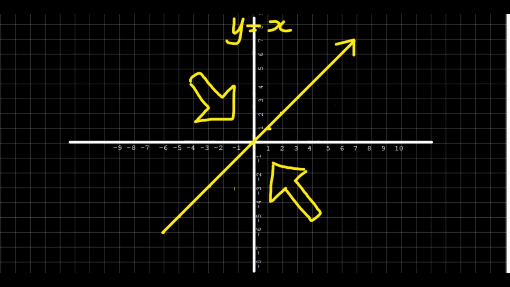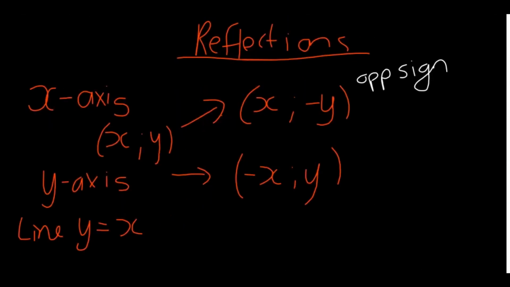Now what will happen with their points? With their points, if you have a normal xy, both the numbers now will be the opposite. So instead of xy, it will now be yx. Okay, so the numbers just swap, right?